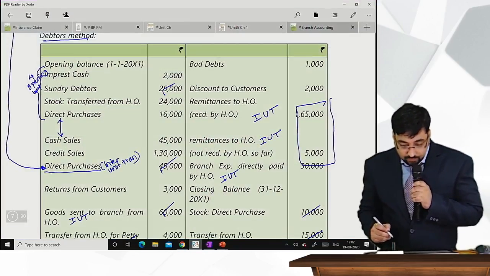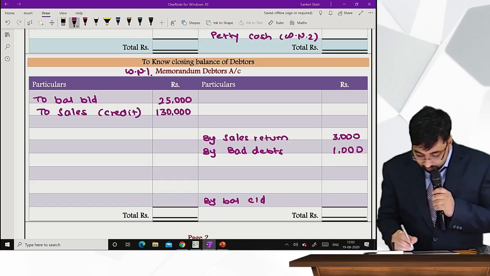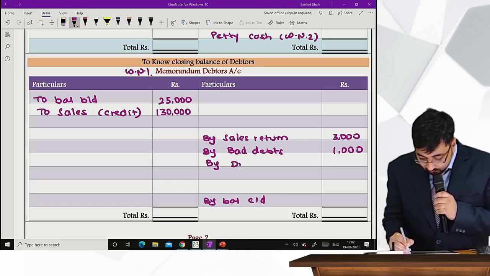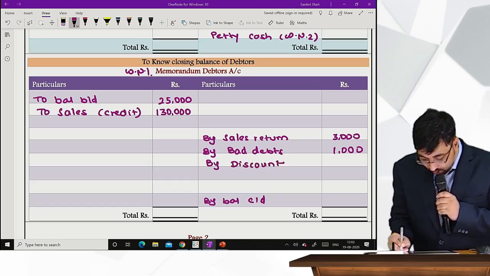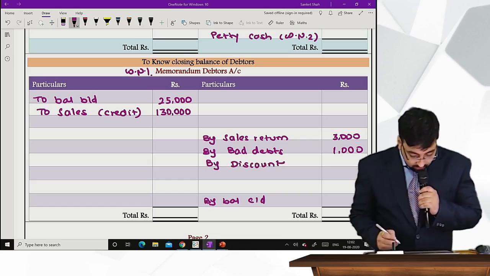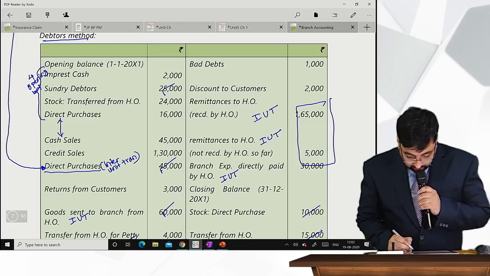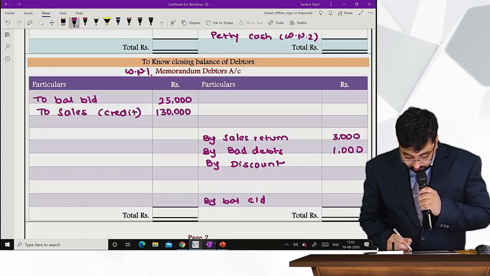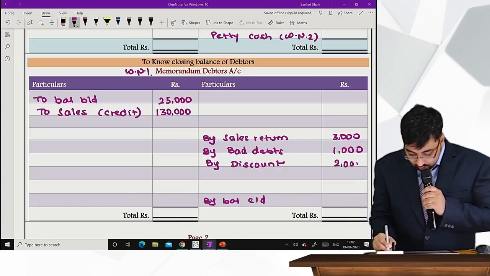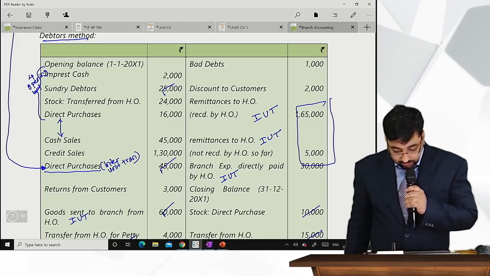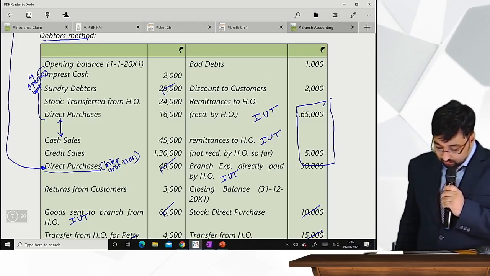Next is discount. Yes, we are going to record discount. Discount will reduce debtors. It's our loss. So discount account debit to debtors account. What is the entry? Discount to debtors, by amount rupees 2,000. Okay, we have recorded discount also.